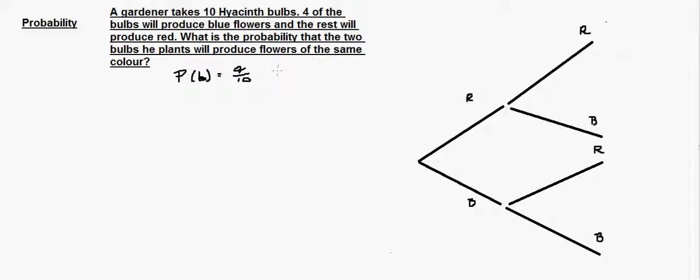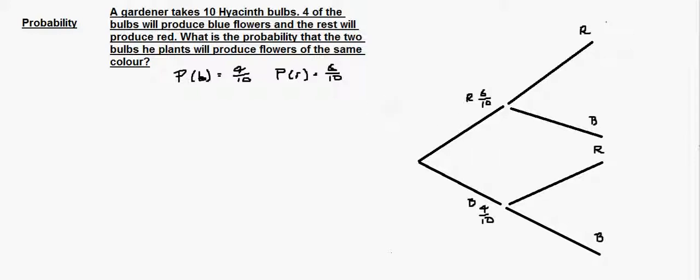So the probability of red will be the remaining 6. So this will be 6 of the 10. So we can put that on the first part of our tree diagram. So red would be 6 over 10 and blue would be 4 over 10.